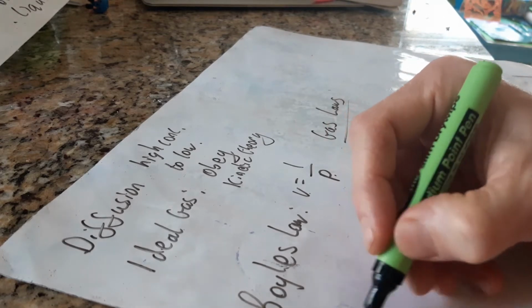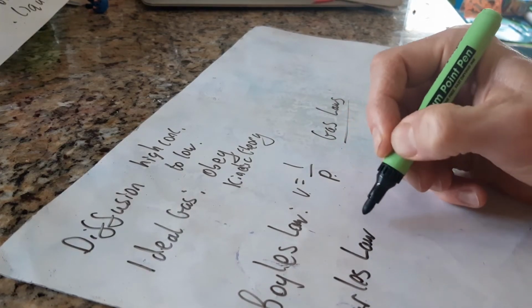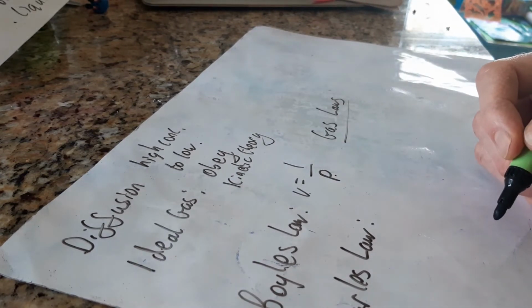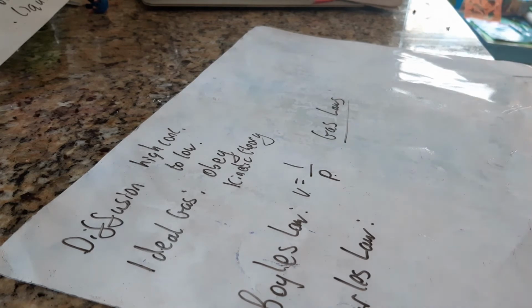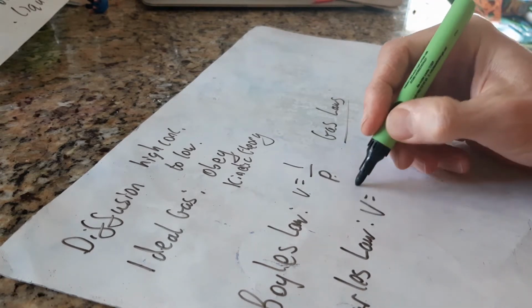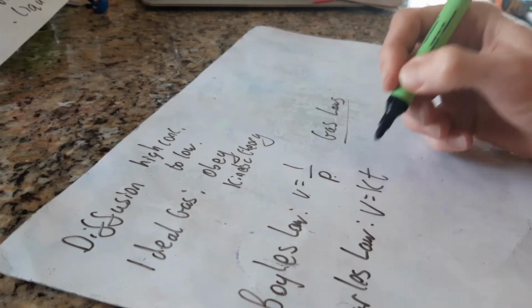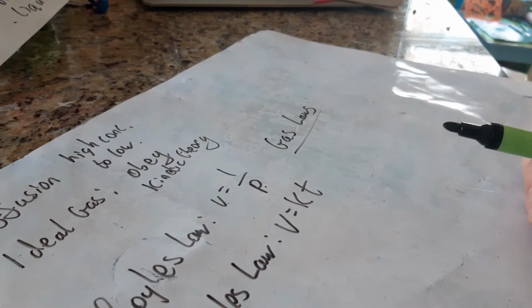The next law that we need to know is Charles's law. Charles's law links the pressure. Sorry, it doesn't. It links the temperature to the volume. So at constant pressure, the volume is directly proportional to the temperature. And again, we have a mathematical way of writing that. We say V equals kT.